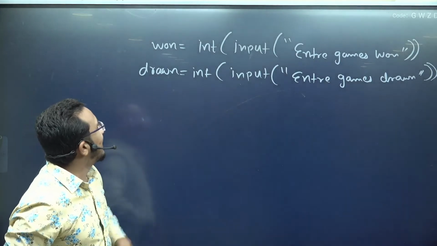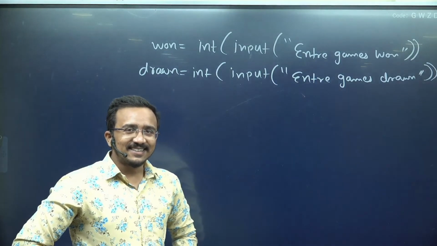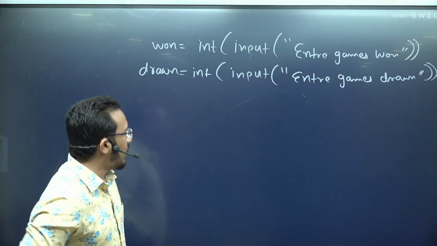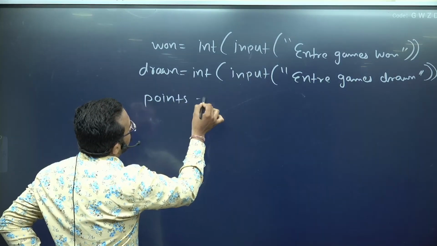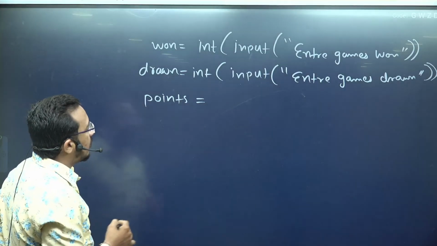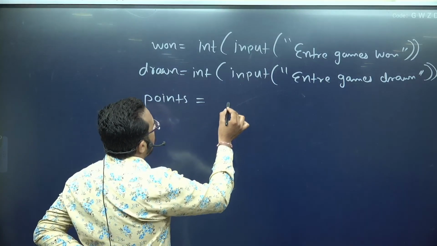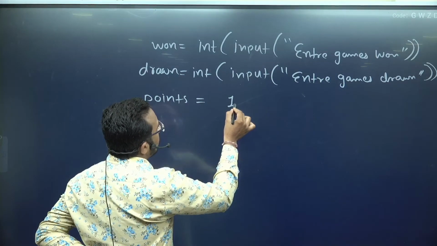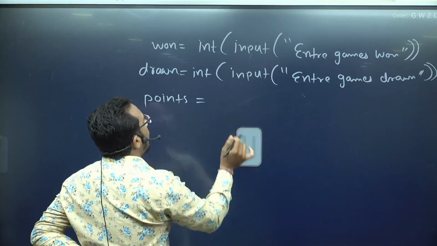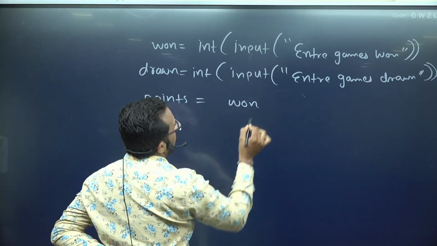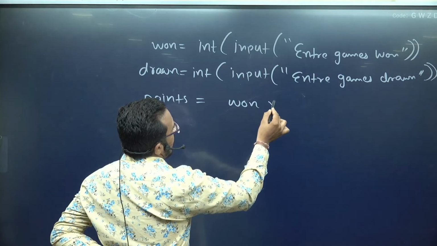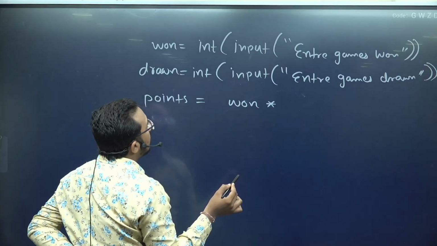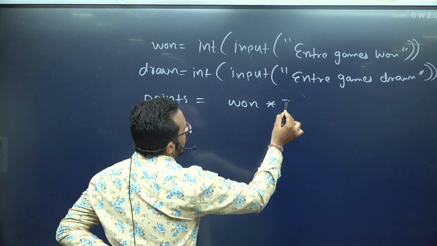Okay, next. Then I put points equals 1 asterisk 3.